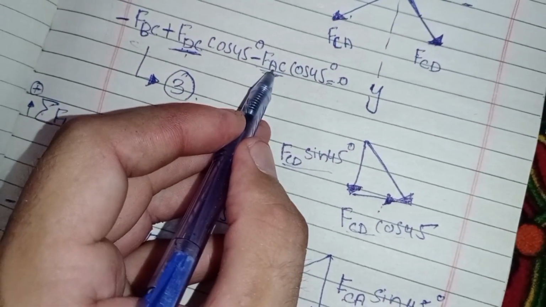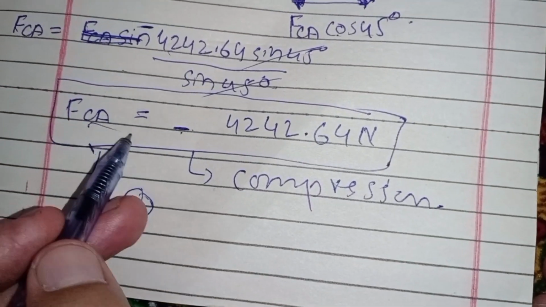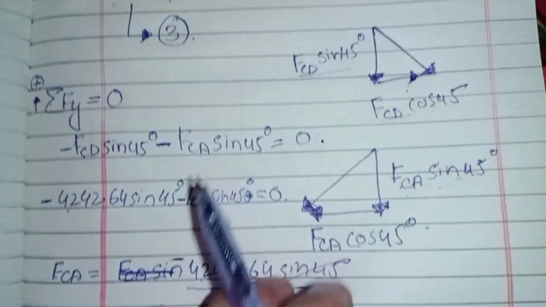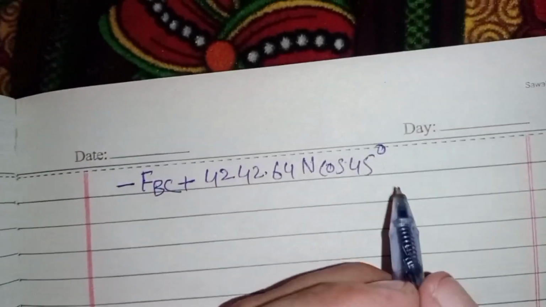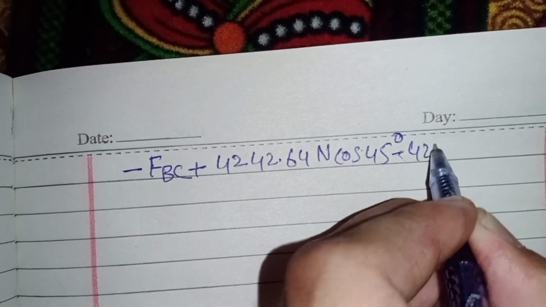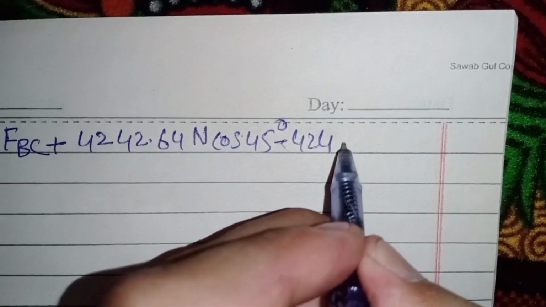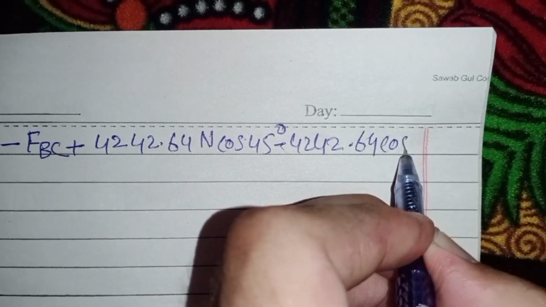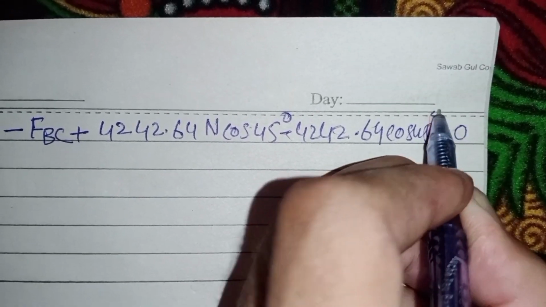And also I'll put FAC. FAC is here. Negative 4242.64 cos 45, negative 4242.64 cos 45 equal to 0.